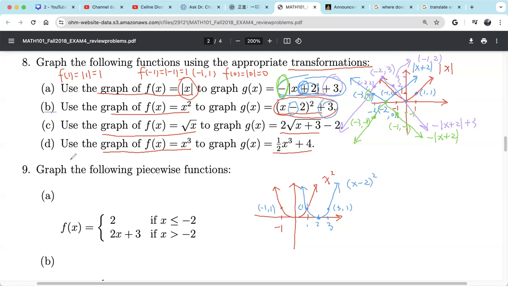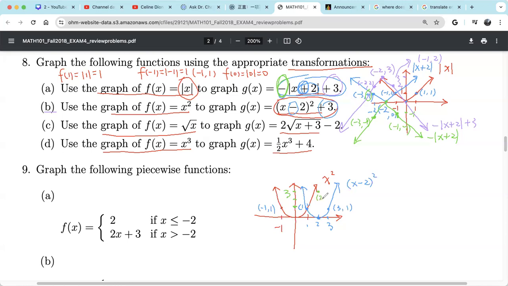So let's graph with green color. So we'll push every point on the parabola 3 units up. So let's see, this is 1, 2, 3. So 2, 0 now becomes 2, 3.